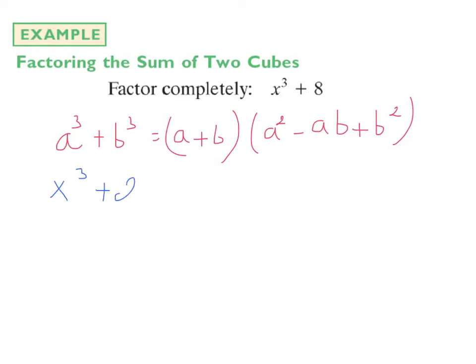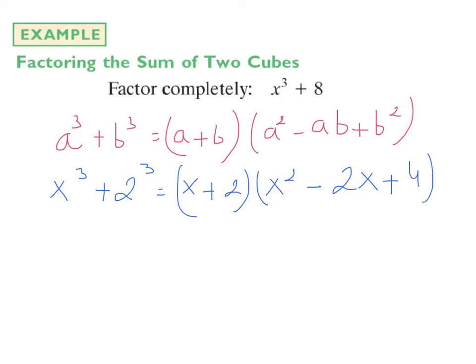Now 8 we can change to 2 cubed, right? So x will be a and 2 will be b, so it's going to be x plus 2 times x squared minus ab, which is x times 2 or 2x, it's the same thing, plus 2 squared, which means 4. Here you go.